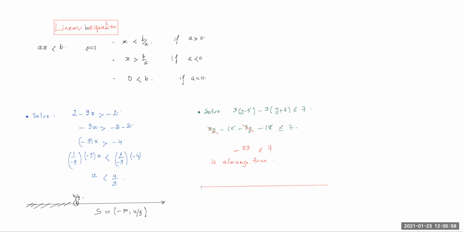We are saying that any y I choose here will satisfy the inequality. That means I can take all of them. That is also, we can say that the set of values is minus infinity to plus infinity, or the whole set of real numbers using this notation.